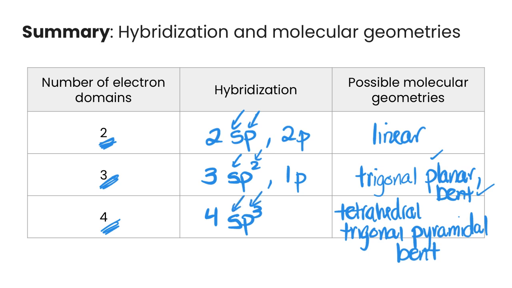So we've got an s and 3 p's coming together to form 4 new sp3 hybrid orbitals. So as long as you know the electron domain geometry, this hybridization will always be the case. So you can predict hybridization for any molecule based on its electron domain and molecular geometries.